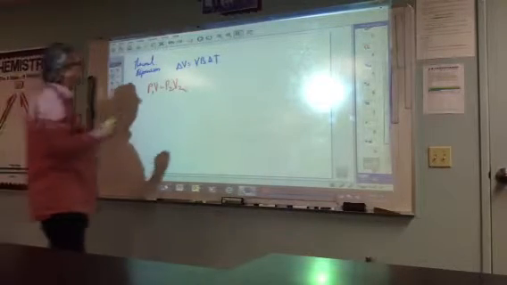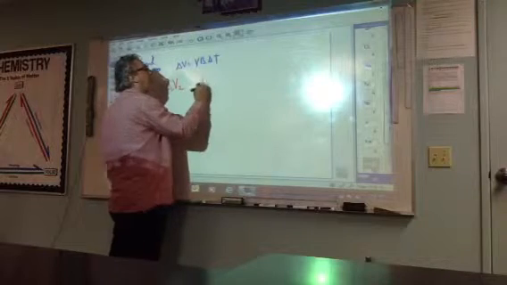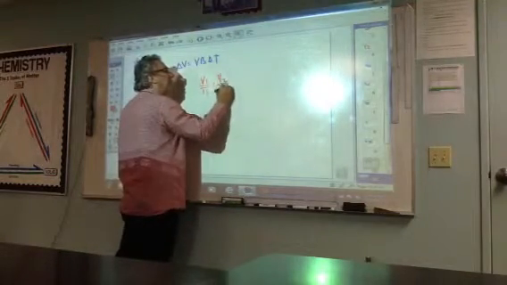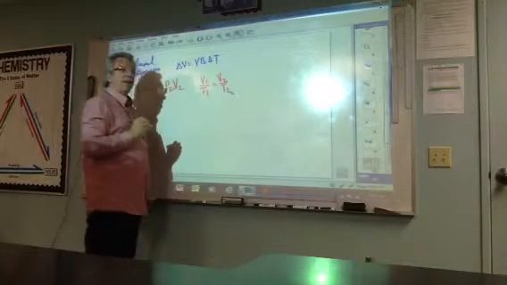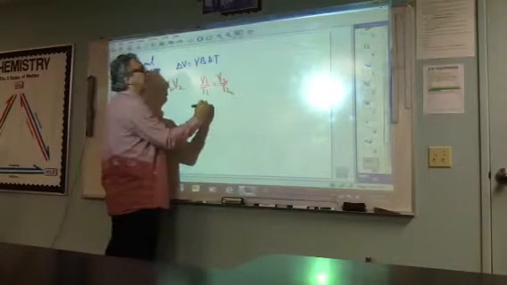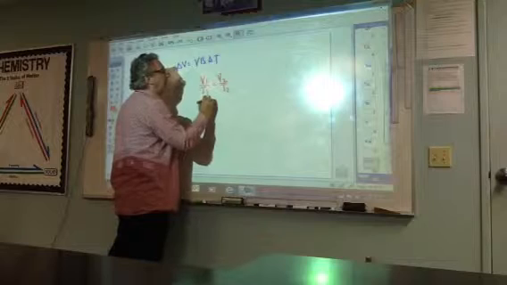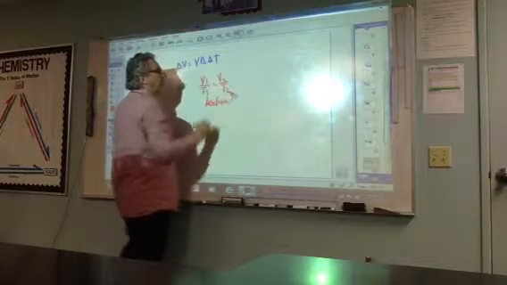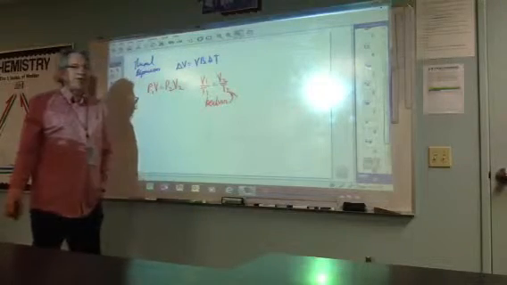You might have this one, V1 over T1 equals V2 over T2. That's Charles' law. Just be careful when you use a temperature, it has to be converted to Kelvin. A lot of you make minor errors when you do not use Kelvin for the temperature.